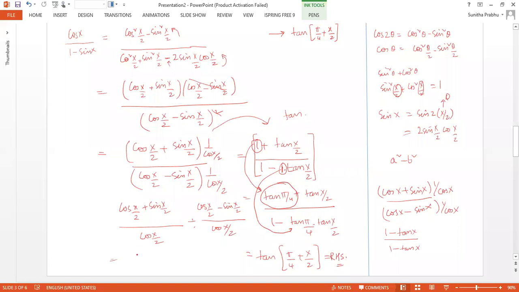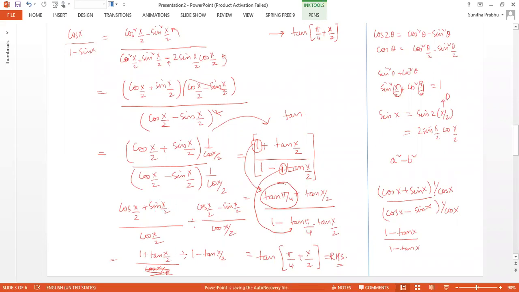Numerator became 1 plus tan x by 2, correct? Divided by 1 minus tan x by 2, correct? So that is what it is.